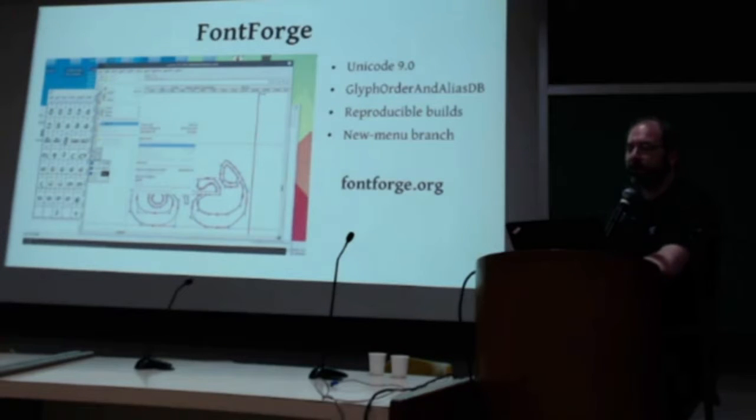FontForge was also updated to ensure that binary font builds are bit for bit reproducible. And this is an important feature for security auditing and was requested by Debian's reproducible builds team.